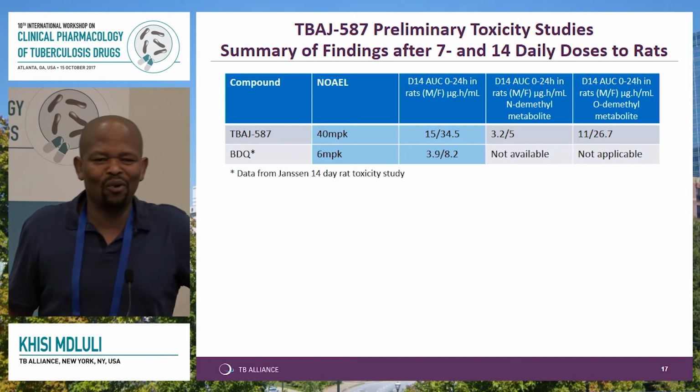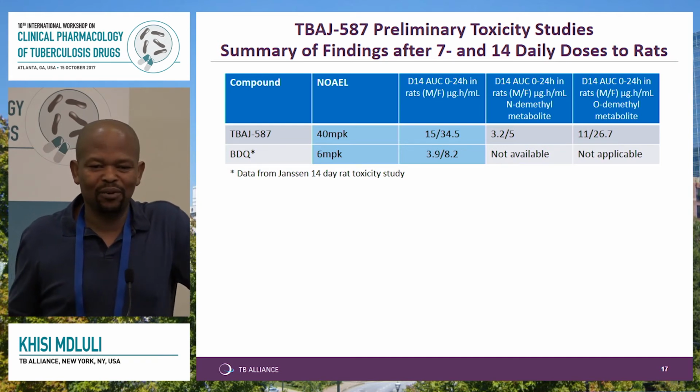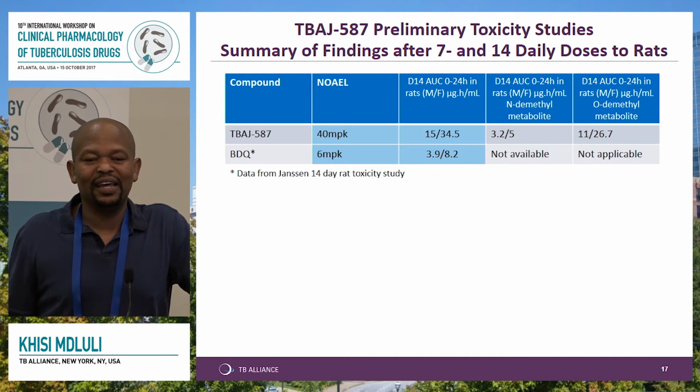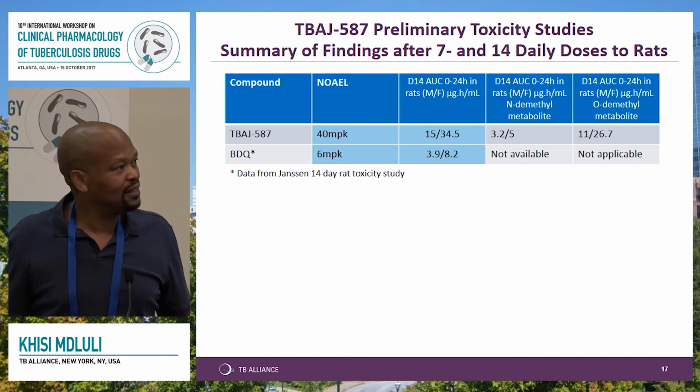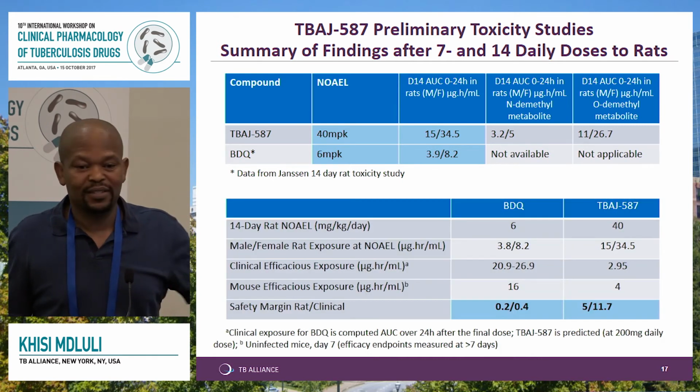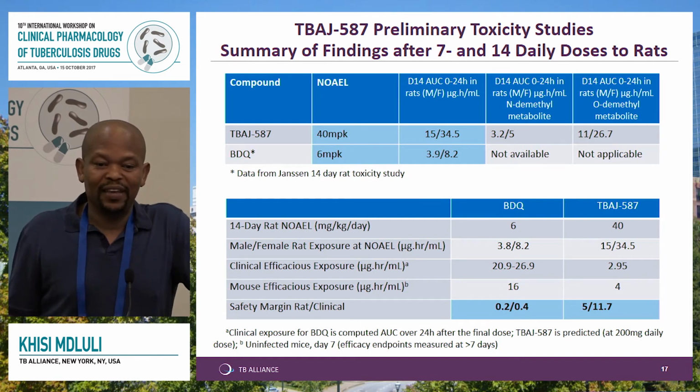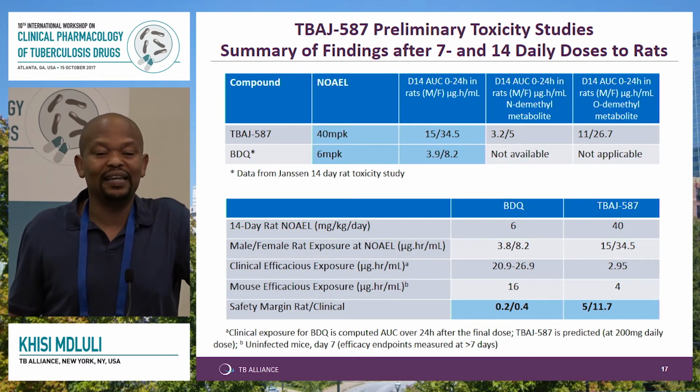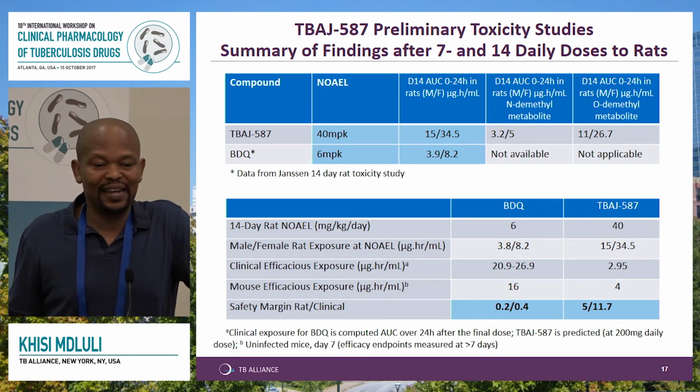So, going in vivo now, if you take a look at the AUC at the NOAEL for our compound is 40 mg per kg, whereas it's only 6 for bedaquiline, and therefore we have a better safety margin than bedaquiline. And then down below, these are in vivo studies now looking at findings from 7-day and 14-day studies in rats.